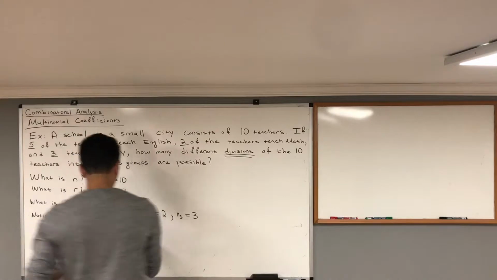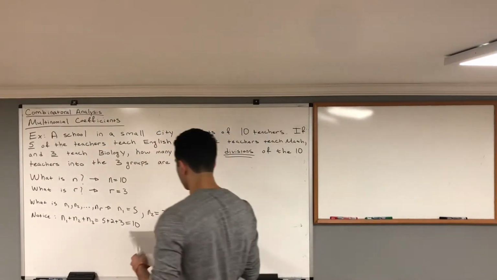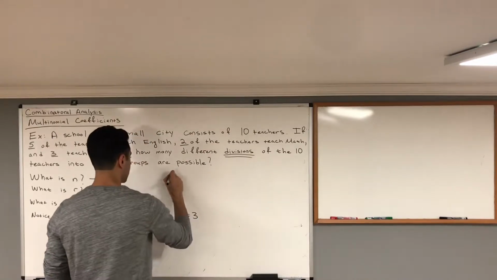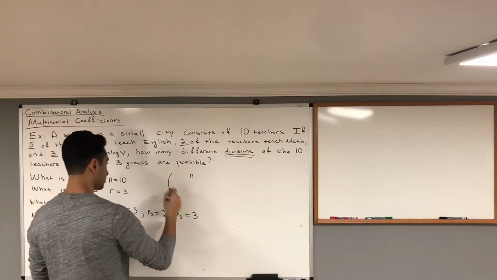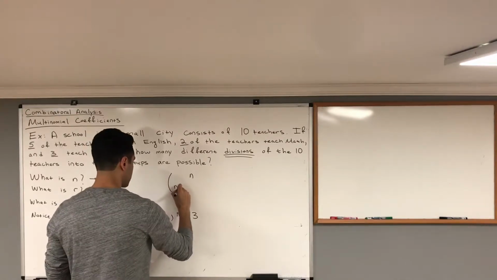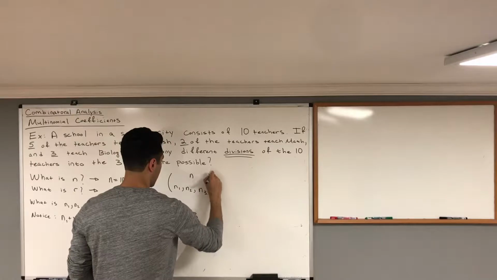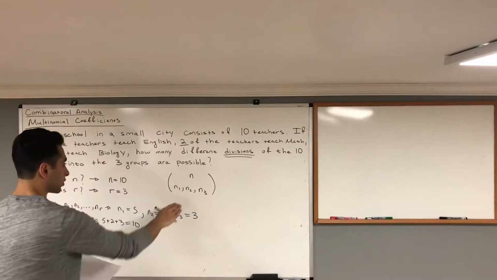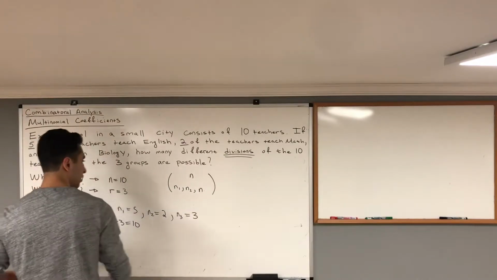Well, we have all our variables to do the multinomial coefficient, because we have this definition. We have n, the total number of distinct items, choosing your n1, n2, and n3 in this case. We don't have any more; you only go up to 3 groups, so you have 3 different sizes.